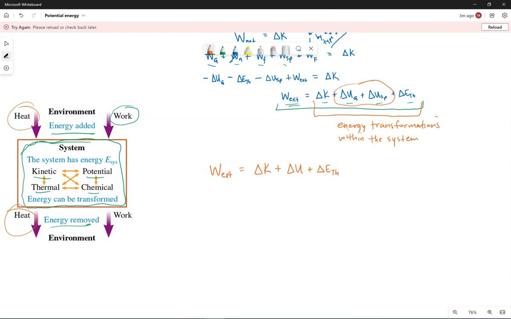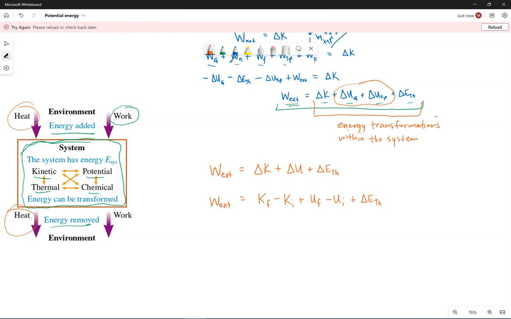All right, so where we're going to go with this, with our conservation of energy, the way you will see this equation is we tend to bring the initial values to one side and final values to the other. So remember, delta K means K final minus K initial. Delta U means U final minus U initial. Delta E thermal, we just leave it as delta E thermal.